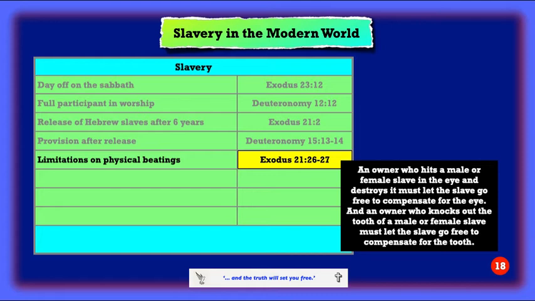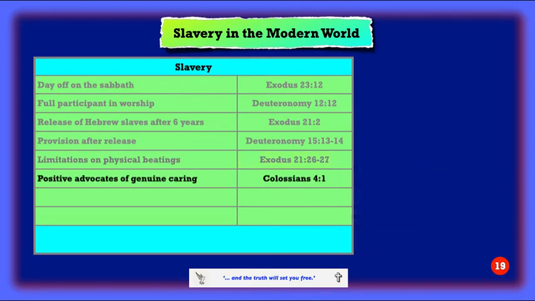Now, it might be accidental or it might be deliberate. It doesn't specify. But in the cultures of the time, right through to the Roman Empire, you could do what you liked to slaves, right up to killing them with no redress. This is very, very different.